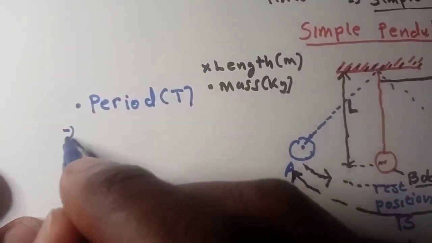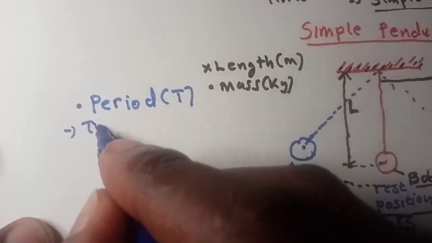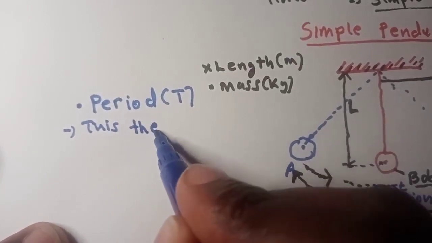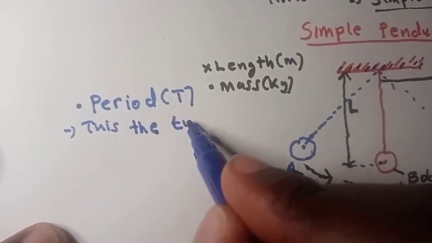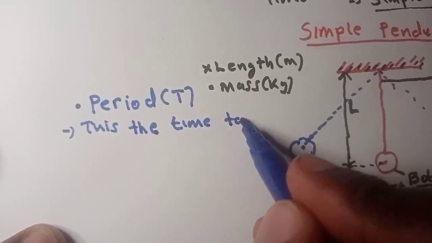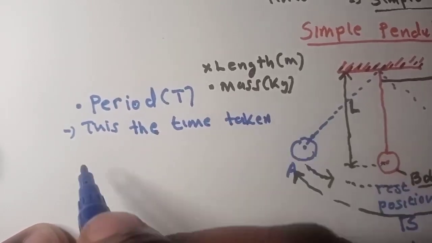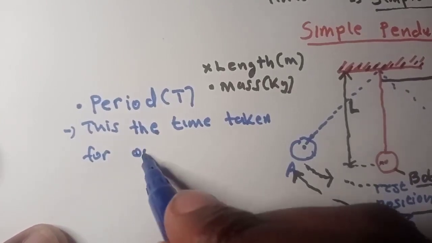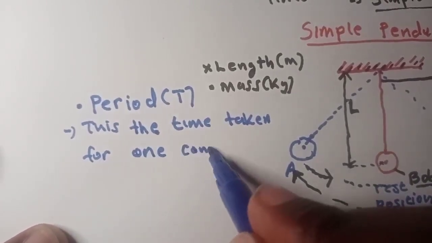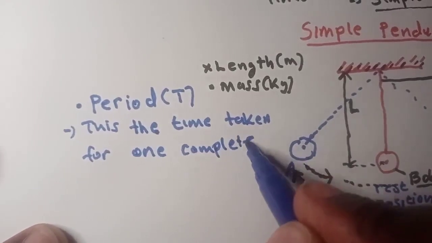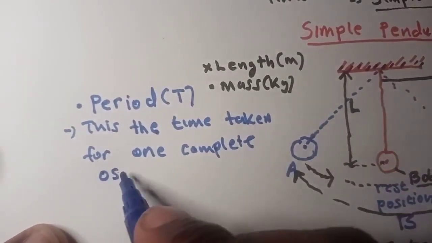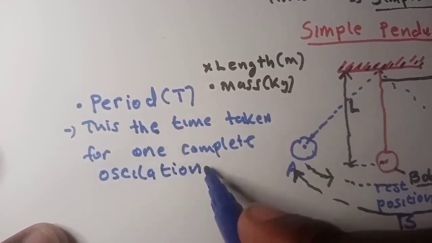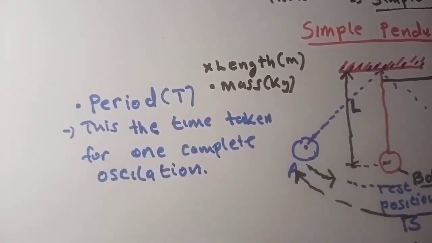The definition says this is the time taken for one complete oscillation.